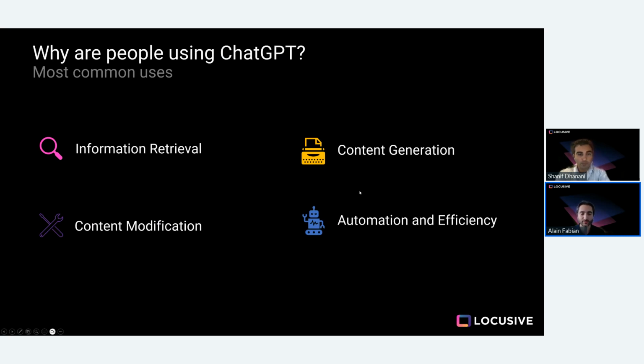Now, it's not just good at information retrieval, it's also great at content generation. You may have heard the stories about schools banning ChatGPT because students were using it to create essays. Yes, it's very, very good at creating content, text, essays, emails, whatever you need to create.